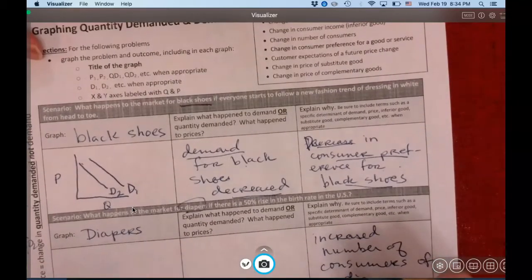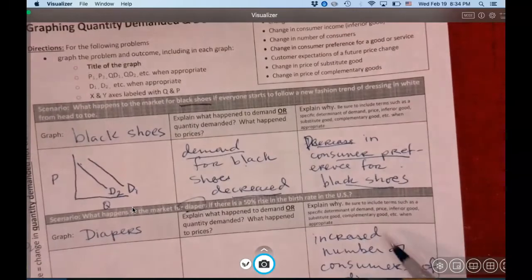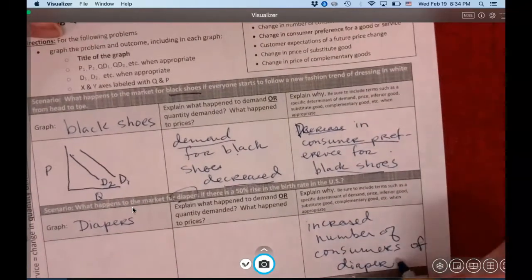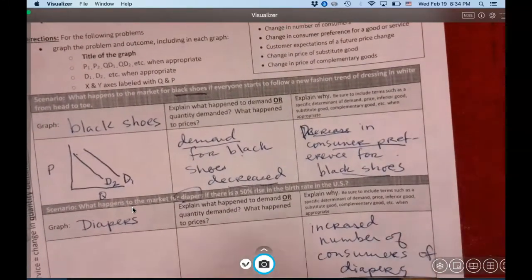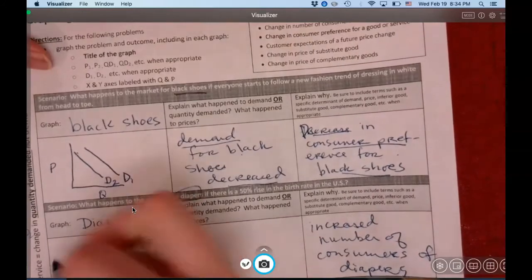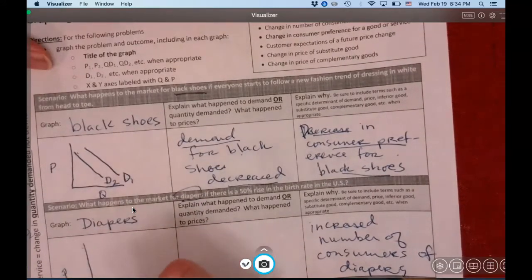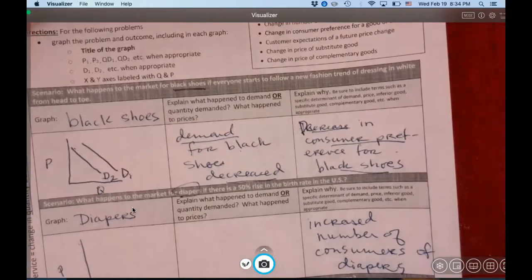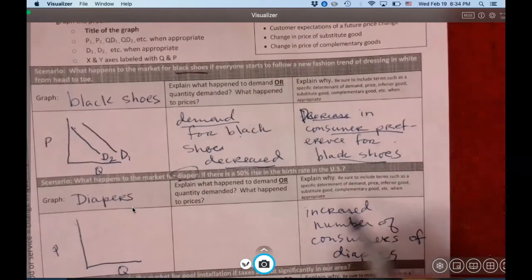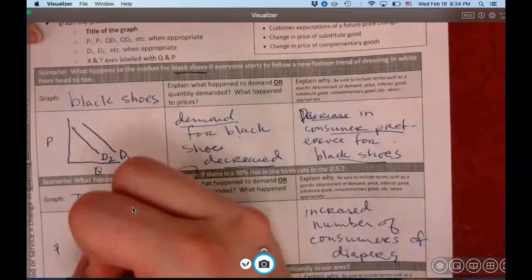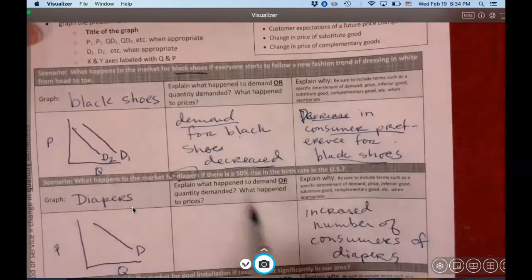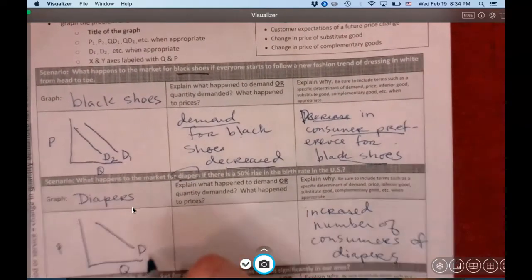Diapers. Okay, so if we have an increased number of consumers for diapers, now if you can't figure this out in terms of the demand curve, then take a look at your cheat sheet to see what you do in this instance. Okay. What's happened to demand?